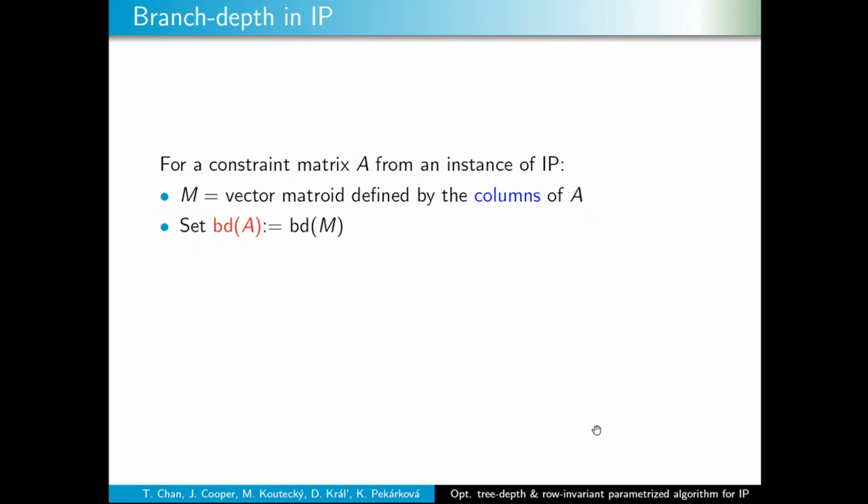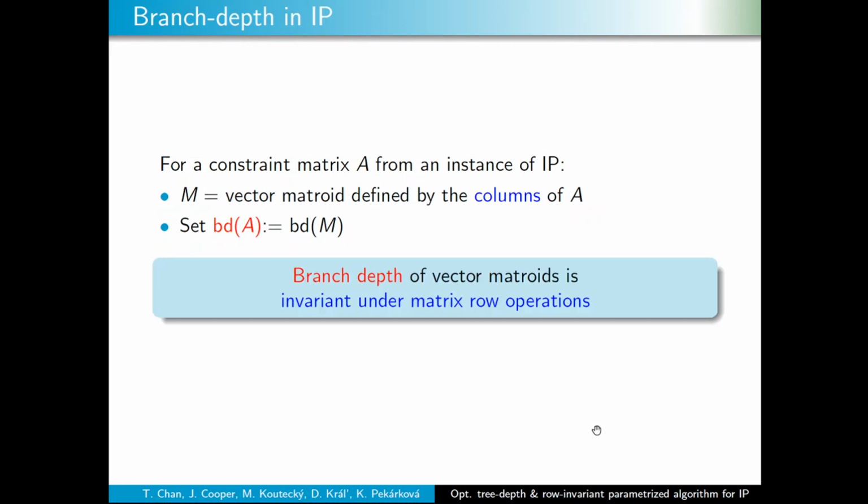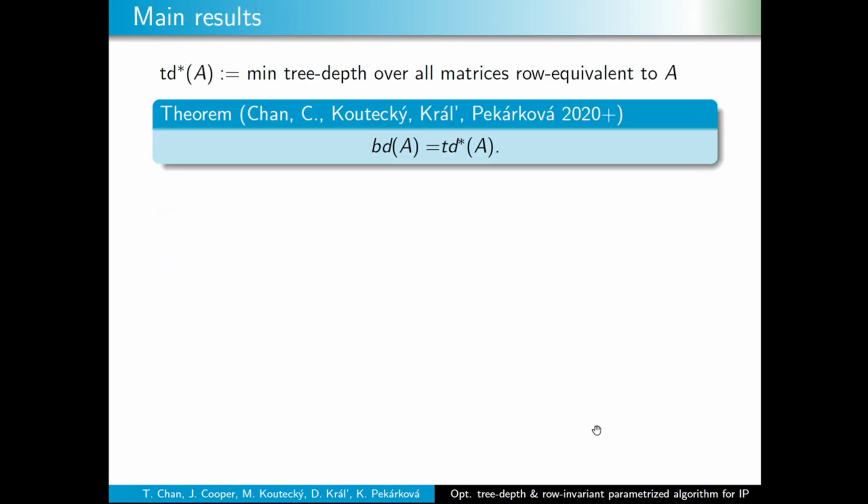So the main point here is that row transformations on A don't actually change the column space of A. So in particular, the vector matroid obtained from A in the way above is actually invariant under row transformations. And if your vector matroid is invariant, then so is your branch depth. So this brings us to our results.